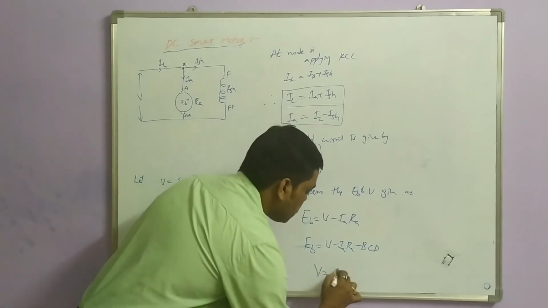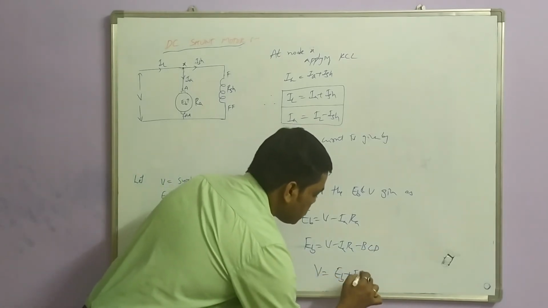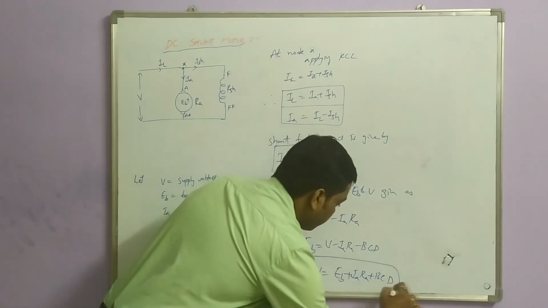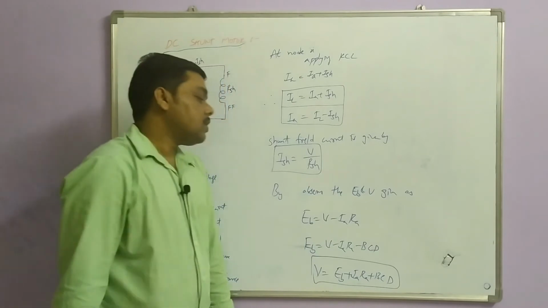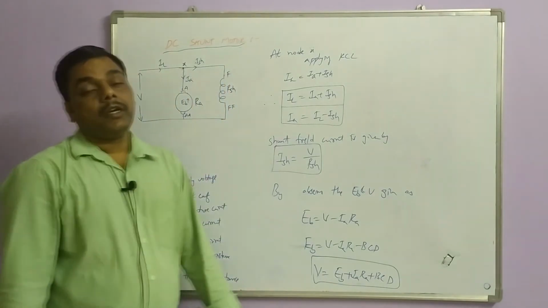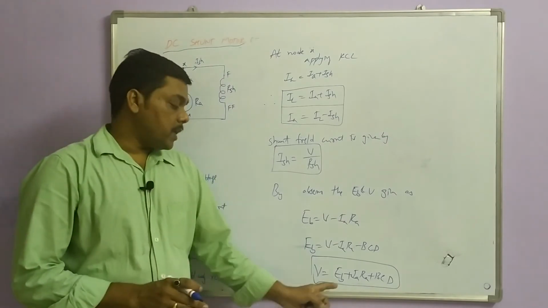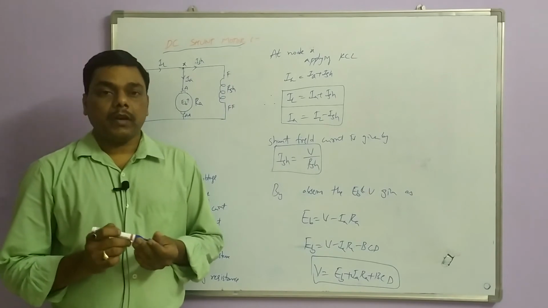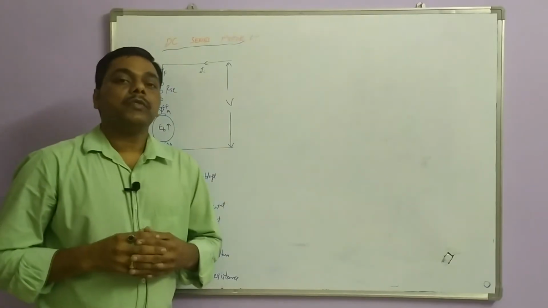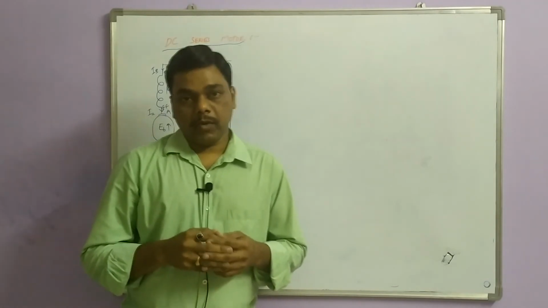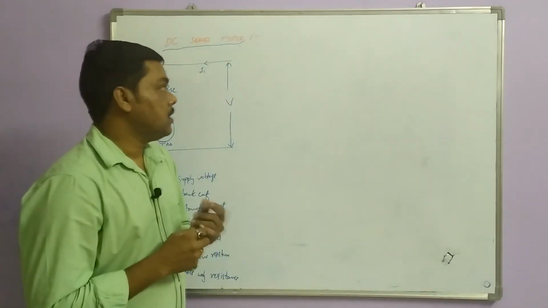So V is equal to EB plus IaRa plus BCD. Now this is the voltage equation for the DC shunt motor in terms of back EMF and also in terms of armature current. Now we will discuss the DC series motor voltage, back EMF and current relations.